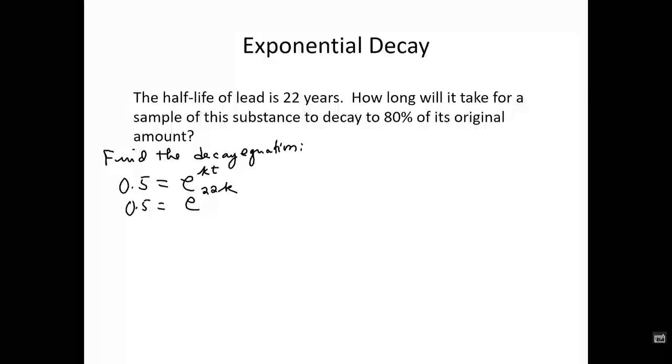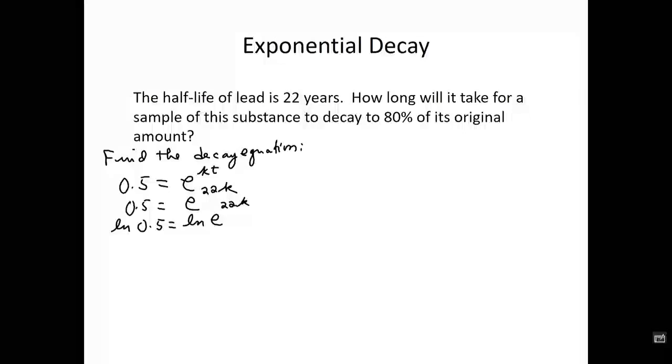All right, so we're going to solve this exponential equation. All right, so it's the natural base e. So the next step, we're going to take the natural log of both sides of the equation. So that's the natural log of 0.5 is equal to the natural log of e raised to the 22k power.